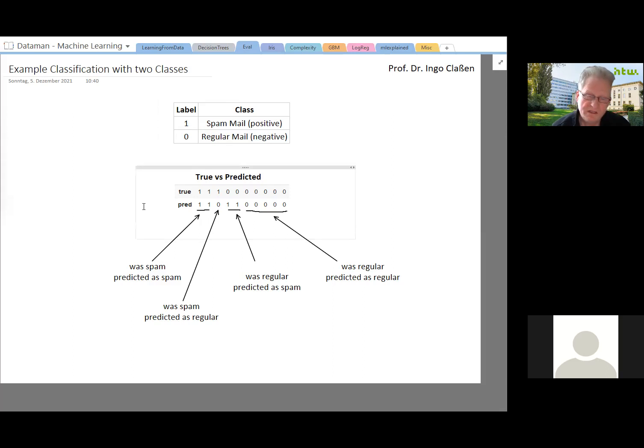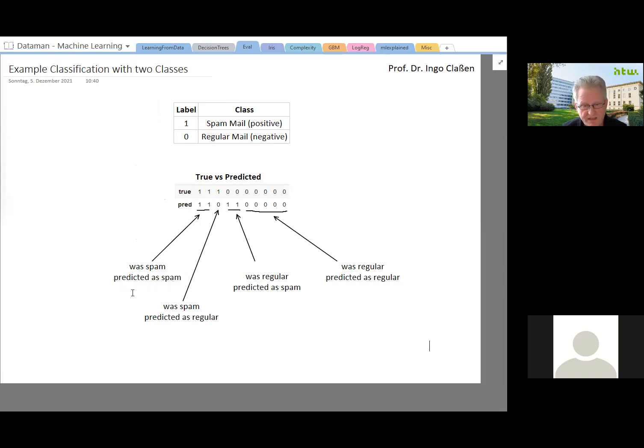So now let's look at the prediction of, I assume, 10 or so. 1, 2, 3, 4, 5, 6, 7, 8, 9, 10. So actually we have 10 examples here where we know the true value, the target, and where we have predicted something. These are the true targets within the training data, and this is what our classifier outputs.